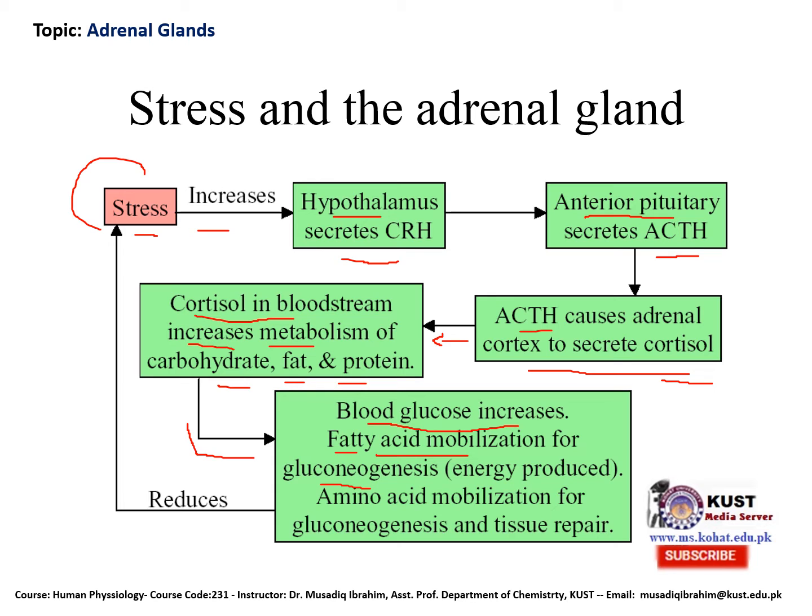So as a result of gluconeogenesis, the energy is produced, as well as the amino acid mobilization for gluconeogenesis is also taking place. So again, through this, the energy is being produced, and along with this, the tissue repair process is also taking place.